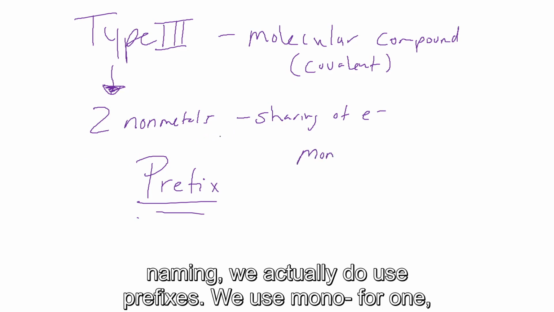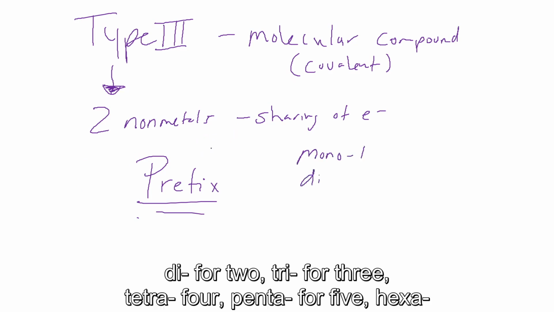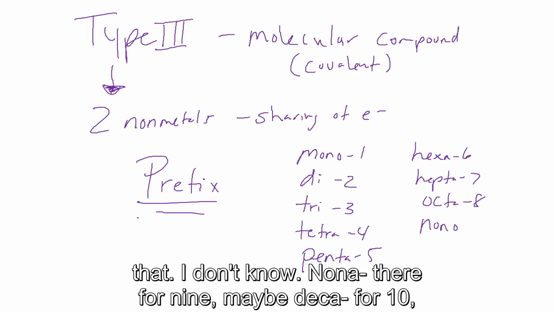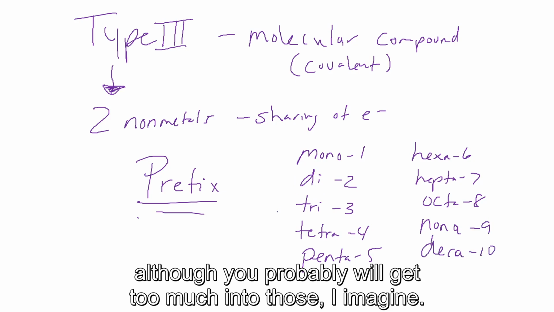We use mono for 1, di for 2, tri for 3, tetra for 4, penta for 5, hexa for 6, hepta for 7, octa for 8, nona for 9, and maybe deca for 10, although you probably won't get too much into those, I imagine.